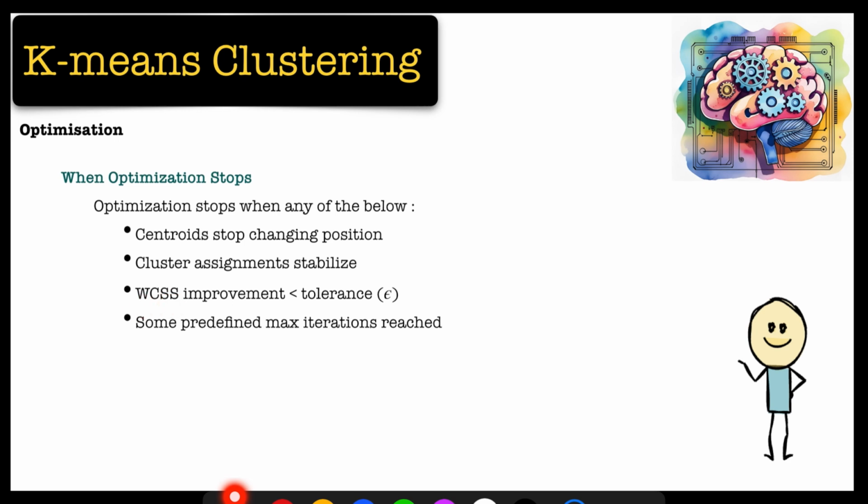So if the WCSS improvement becomes less than some tolerance, like epsilon, then also we can stop. Or otherwise, if some predefined max iterations is reached. If we have defined 100 or 200 iterations maximum and we have reached that limit, then we can stop. So if any of these occurs, we can stop k-means clustering.